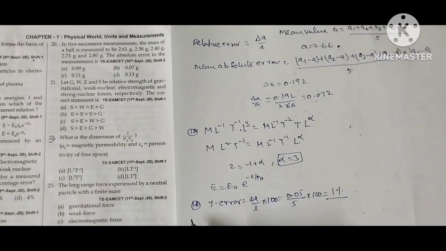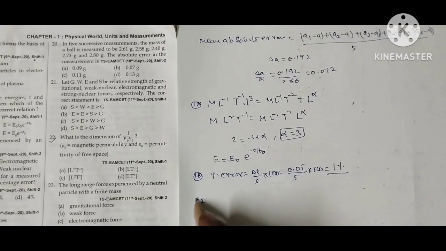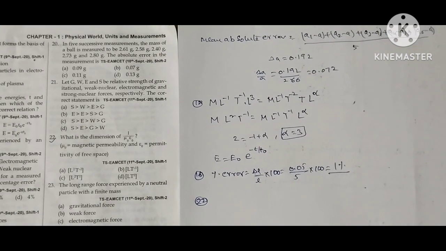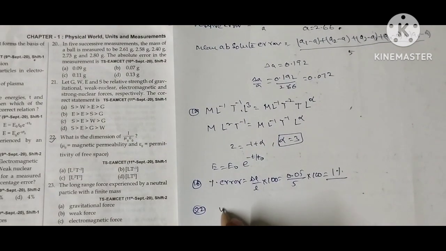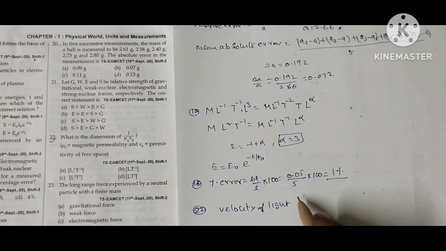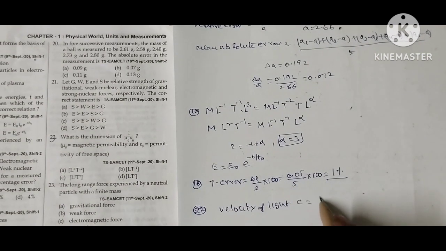Next, 22. This is one of the important ones. We already learnt it in two chapters in the second year: one in electromagnetic waves, another in ray optics. As we know, the velocity of light, which is an electromagnetic wave, C is equal to 1 by root over mu naught epsilon naught.